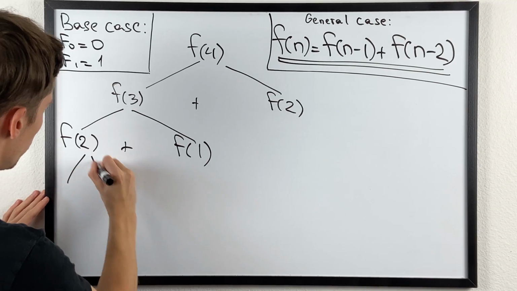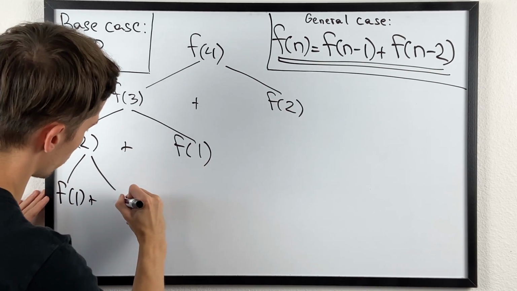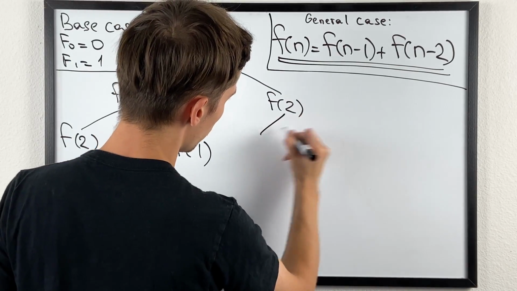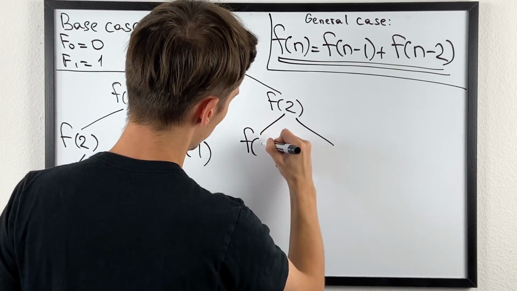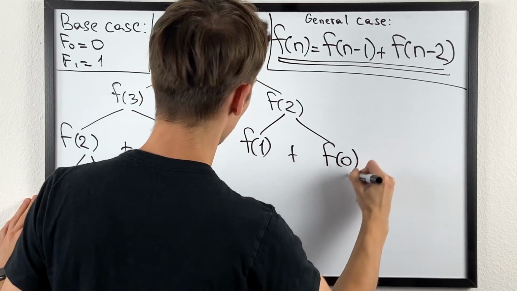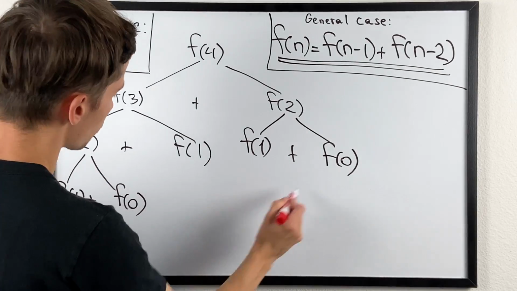Fibonacci number of 2 equals Fibonacci number of 1 plus Fibonacci number of 0. And the same thing over here, Fibonacci number of 1 plus Fibonacci number of 0. Here you can see that we have reached our base cases.